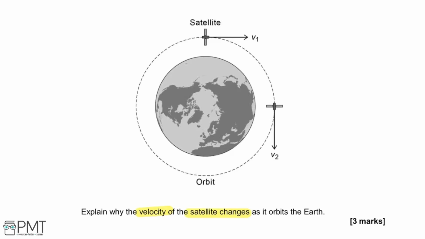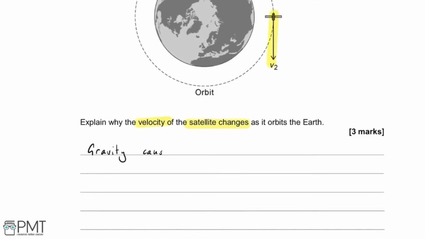So as you can see on the diagram, it starts going in this direction and then by v2 it gets to this direction. And so its direction has changed, and that is due to Earth's gravity. So the answer would be gravity causes the satellite to accelerate towards Earth.